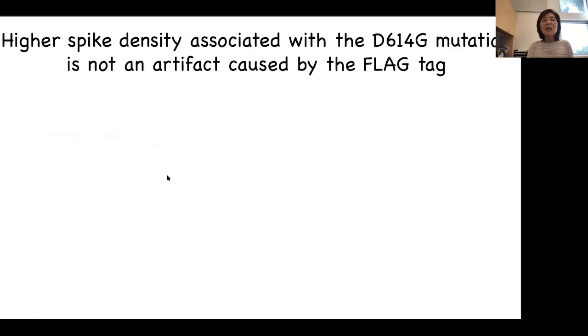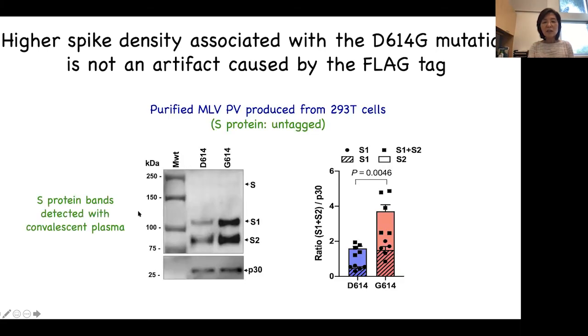Because other people did not see this difference, we had to prove that the difference between D and G spike density and S1 shedding is not caused by placing the flag tag at the N and C terminus. So by then we had plasma derived from convalescent patients, so we could detect S1 and S2.